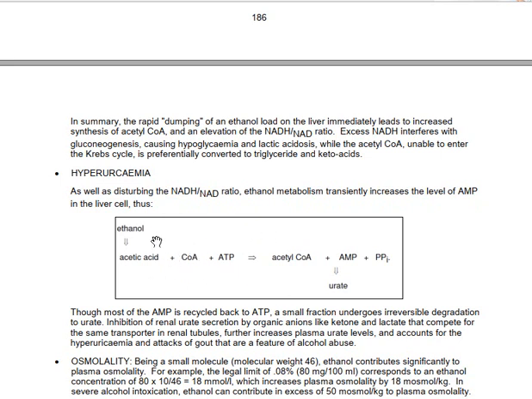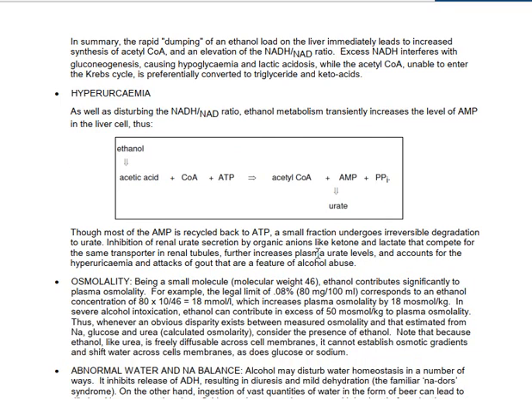Now acetic acid plus CoA is going to produce acetyl-CoA, and with the action of the ATP, energy is going to leave from the ATP bond to produce AMP plus a diphosphate bond, and now the acetyl-CoA and AMP plus diphosphate bond can all result in the production of urate. Is it clear? So that's how ethanol can result in the production of urate. And generally, you need to know that there is an enzyme involved in the production of uric acid, and that enzyme is xanthine oxidase.